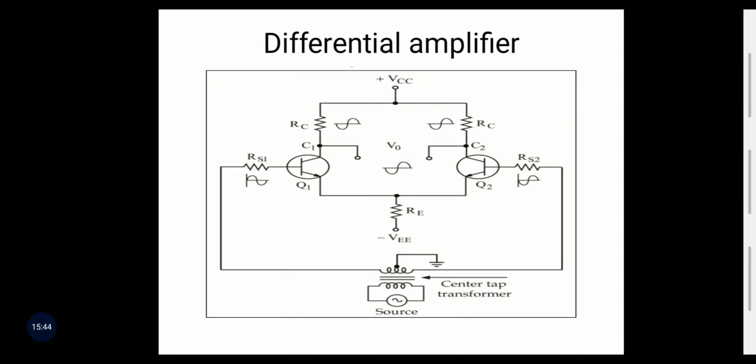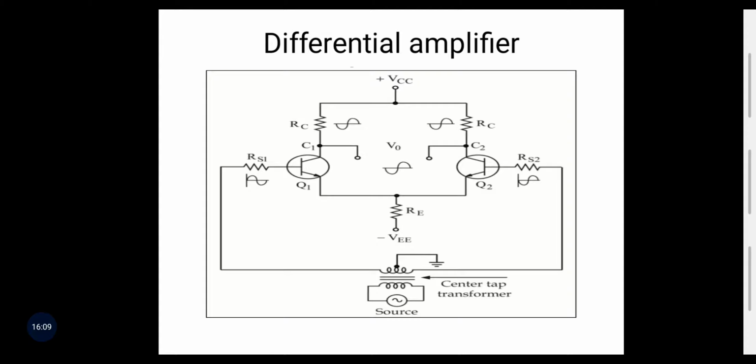Here the amplitude is the same, but the two signals have a 180 degree phase difference. That is, one is a positive cycle, another one is a negative cycle. That is differential mode signals.